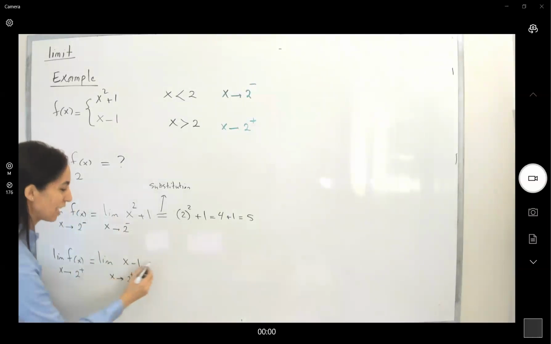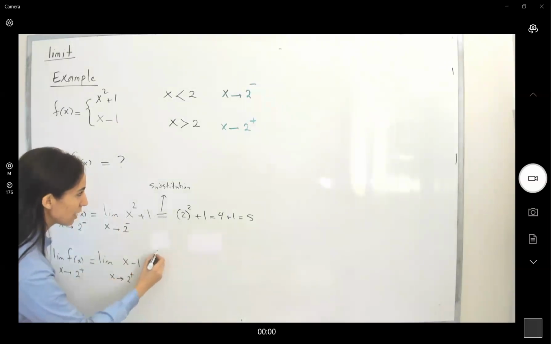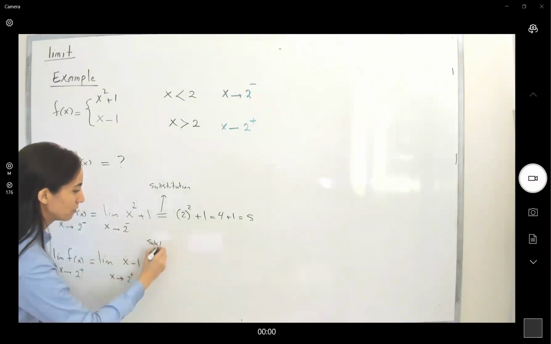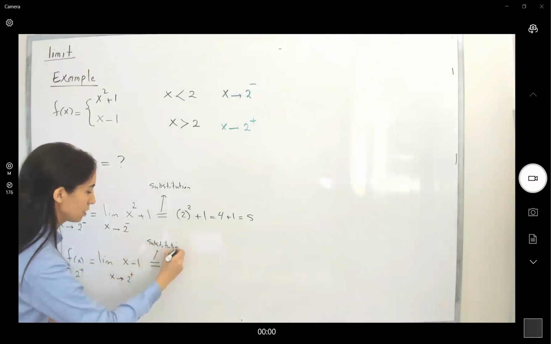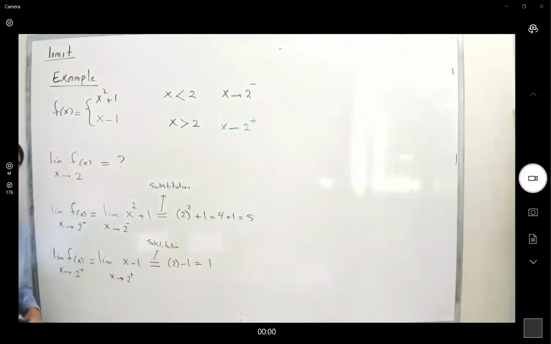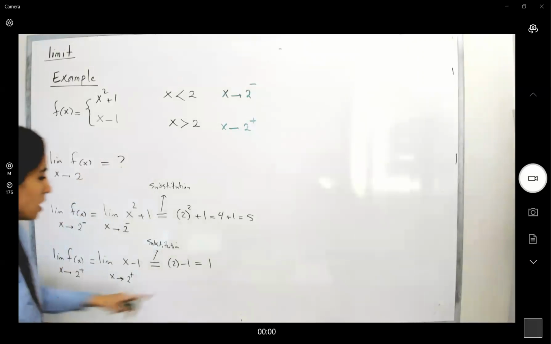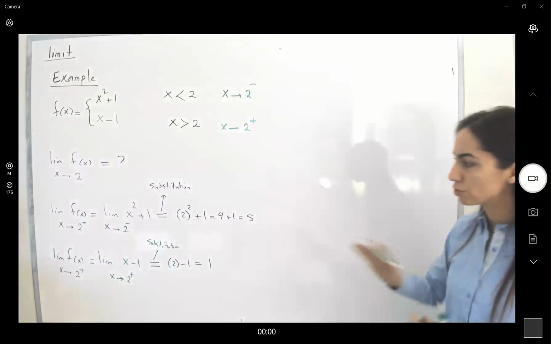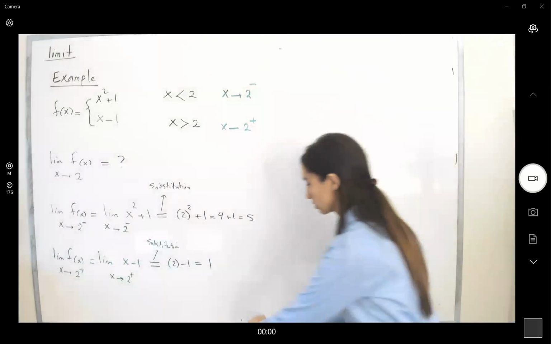The limit can be found by using direct substitution. Substituting, 2 minus 1 is equal to 1. Sorry, I wrote down, yes, here. 1.